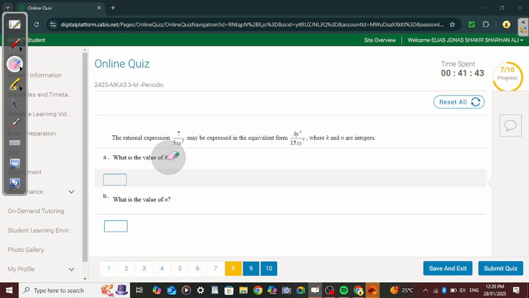Here, the rational expression 7 over 3xy cubed may be expressed in the equivalent form ky to the power of n over 15xy to the power of 7, and k and n are integers. Here, they're just asking what's going to be the value of the numerator after 3xy cubed was multiplied by something to become 15xy to the power of 7.